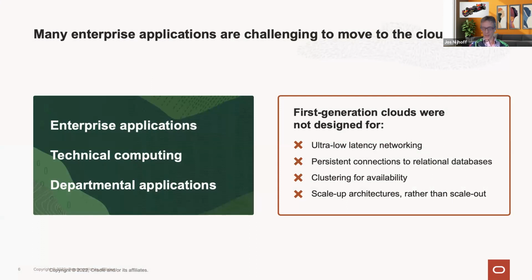So what first generation clouds generally lack is some things that are really important to enterprise applications, which is also the classical user base for Oracle customers. For Oracle that is ultra low latency networking, persistent connections to relational databases, and things like clustering and scale up architectures instead of scaling out.